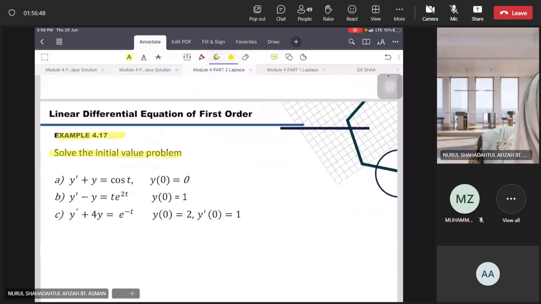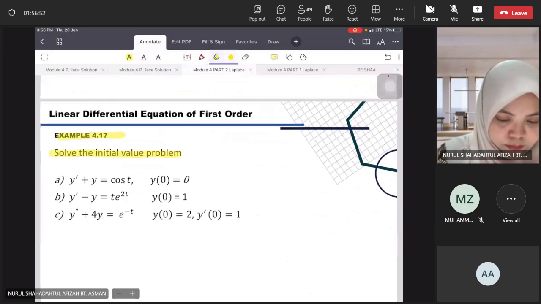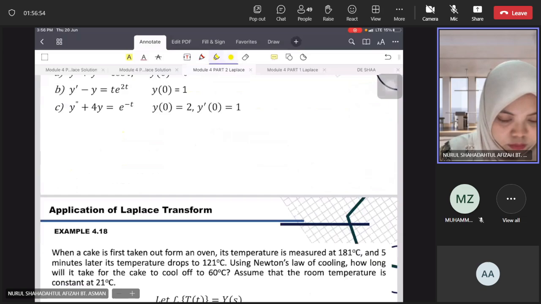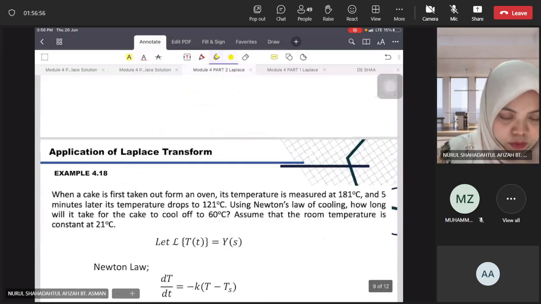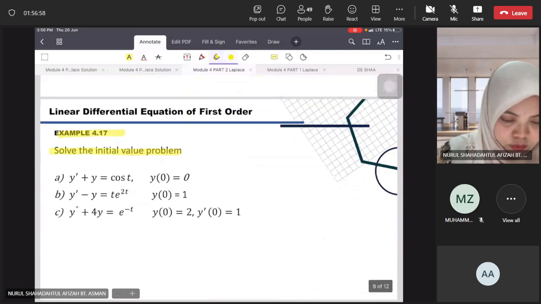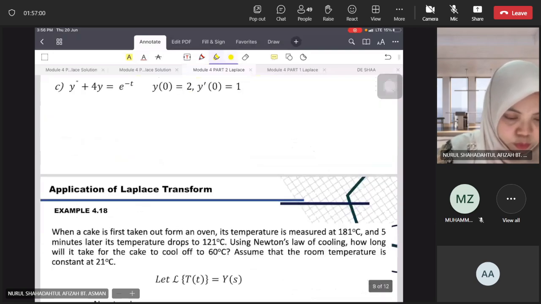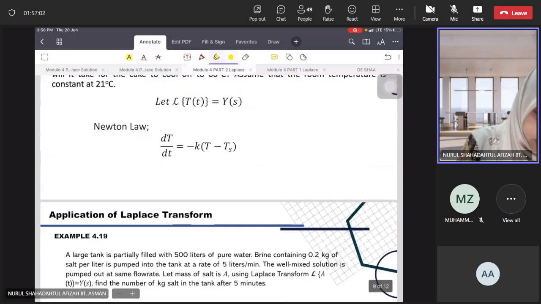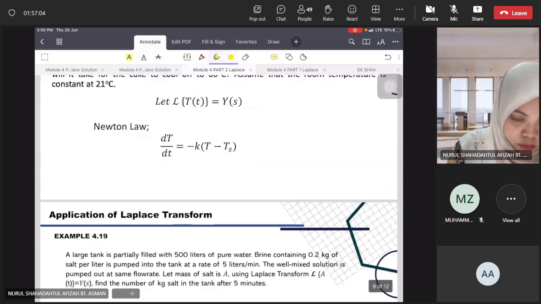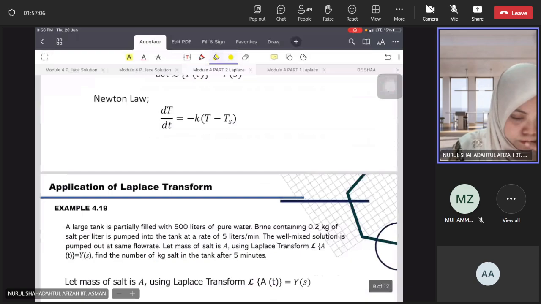Example 4.17. It's a bit long solution. You can try to do one example. For example 4.17, which one do you prefer?